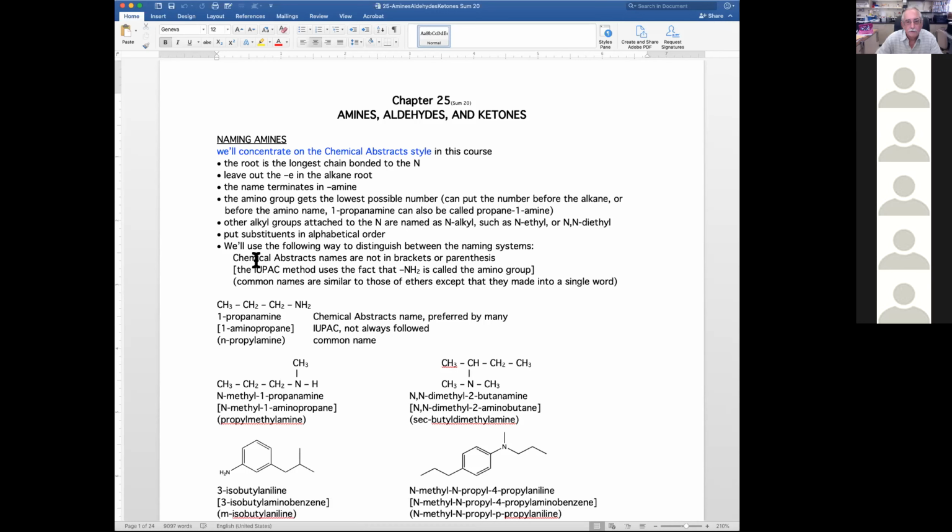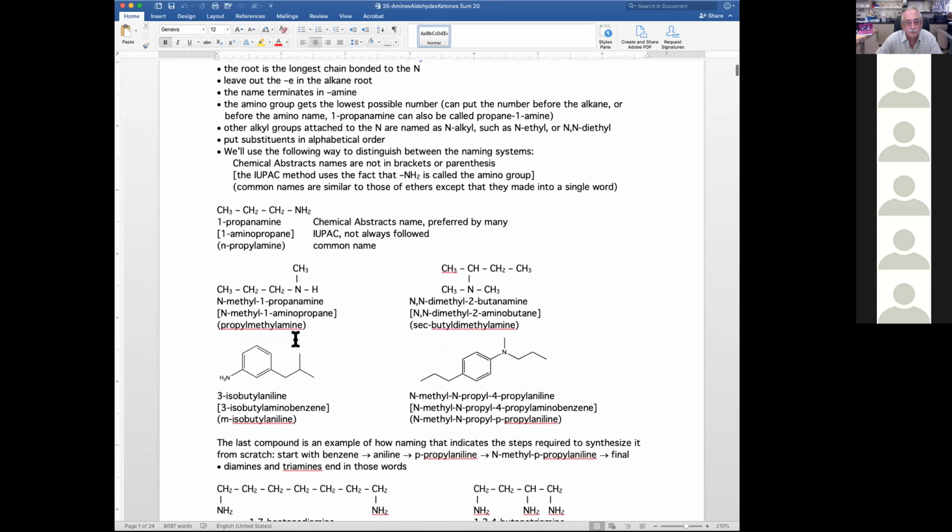The Chem Abstracts names are not in brackets. So here's the Chem Abstracts name. Here's the IUPAC naming system, which is not always used. Then here's the common naming system, which unfortunately they still use a lot in textbooks and everything else.